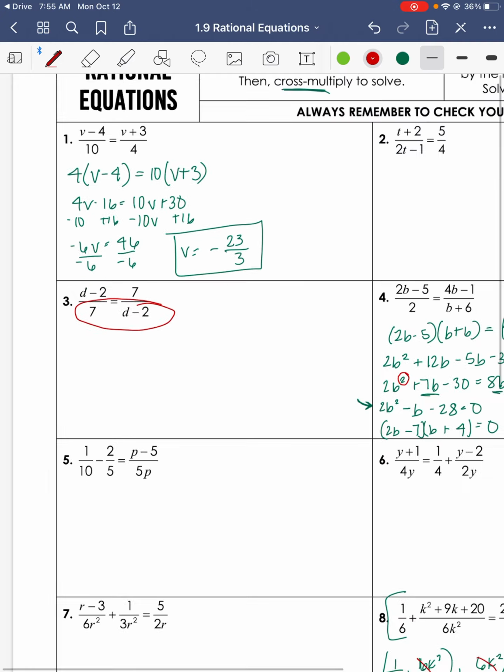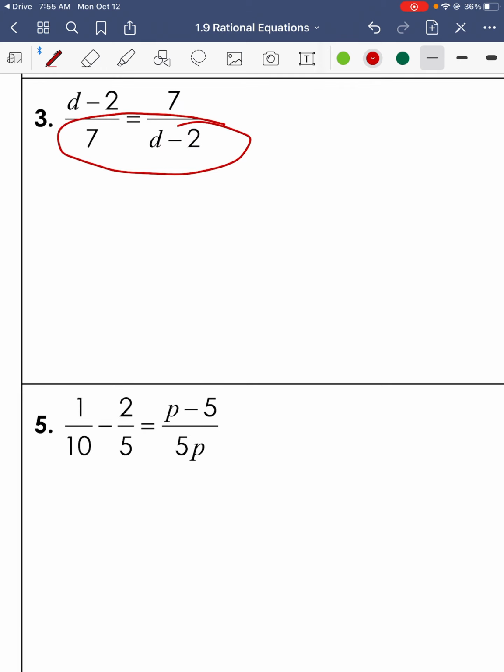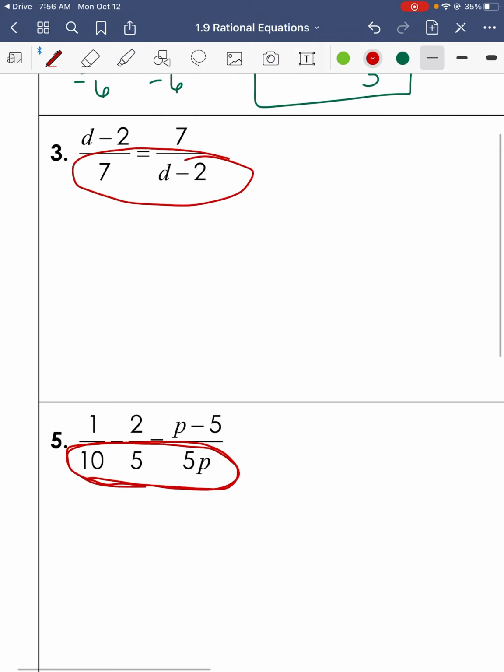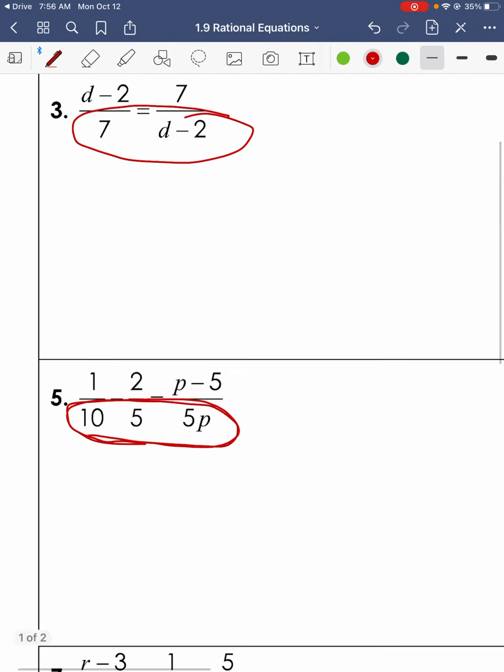But you can see here 10p is going to be a lowest common denominator. 10 will go into 10p if you multiply by p, 5 will go into it if you multiply by 2p, and then 5p by 2. So that is going to be a smaller number than multiplying all three of these together.